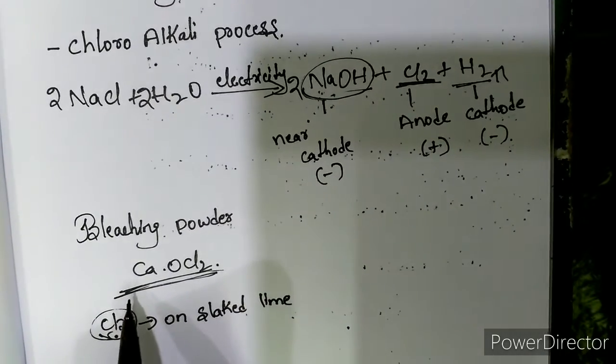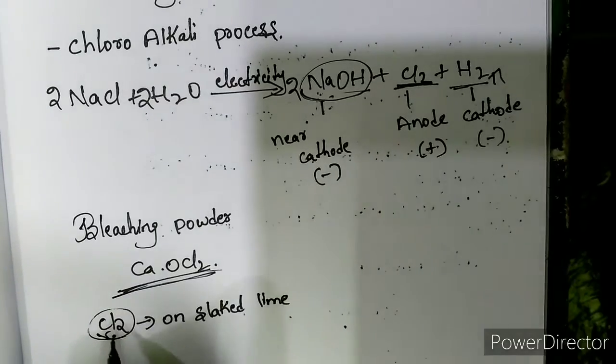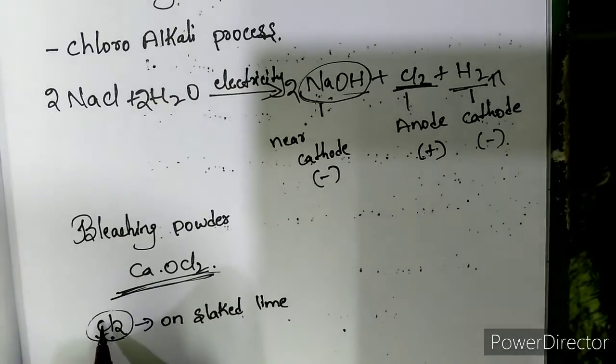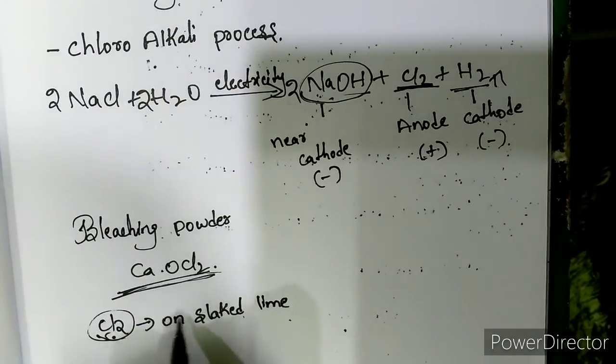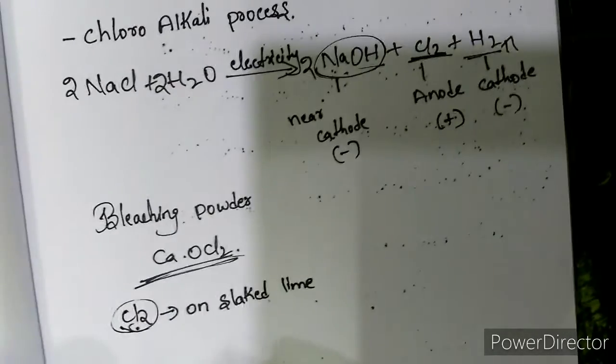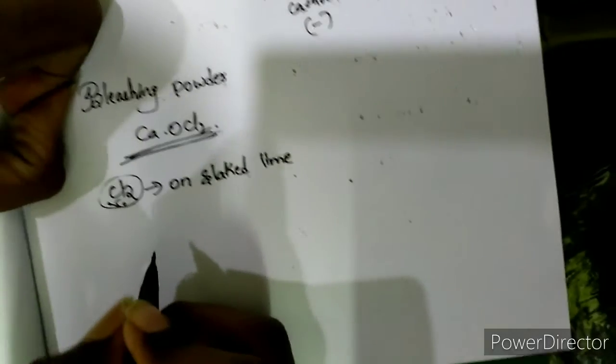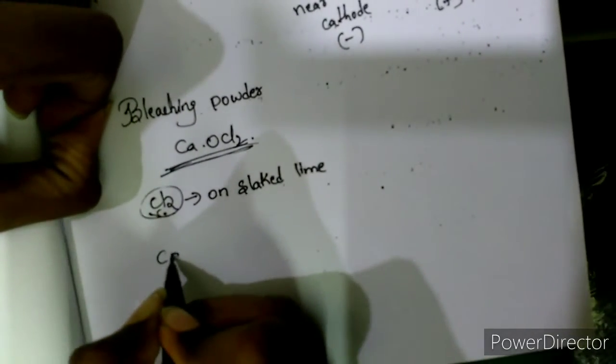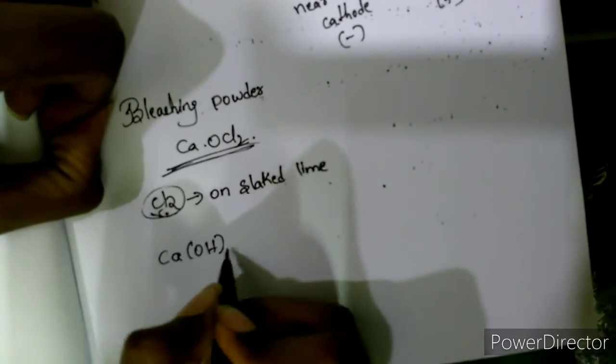Now bleaching powder is produced by the action of chlorine on dry slaked lime. When the chlorine acts on dry slaked lime, bleaching powder is formed, and the chemical equation is: dry slaked lime is nothing but calcium hydroxide, Ca(OH)2.